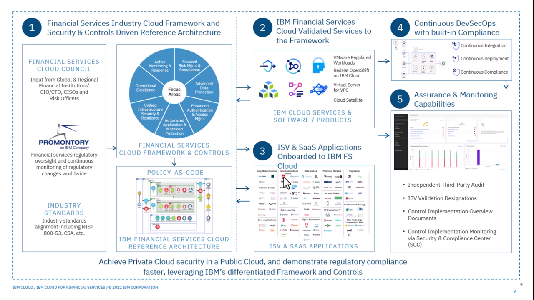This makes it easier for clients to simplify their risk management and demonstrate their regulatory compliance posture. FS Cloud validated services and ISV applications ensure that applications can leverage already vetted services and third-party components. Finally, continuous compliance checks ensure being up to date with latest vulnerabilities and threats.